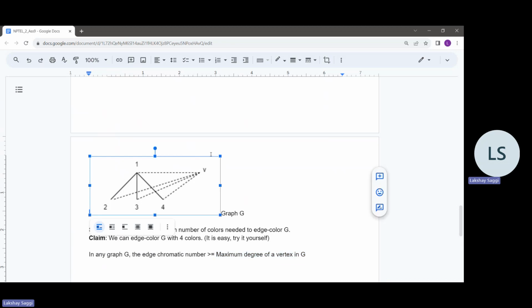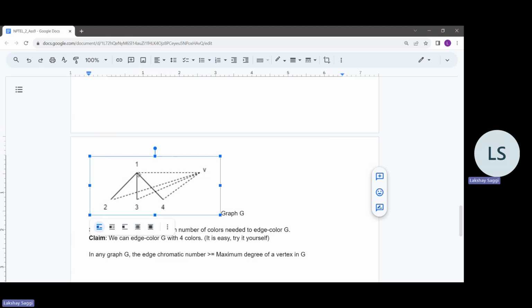Just consider the graph G only. Consider any vertex, let's say V. We know the degree of V is 4, right? Because 4 edges originate from V. And we can be sure that these 4 edges which originate from V will require different colors, because all of these edges have a common endpoint in V. So we'll need at least degree of V colors.